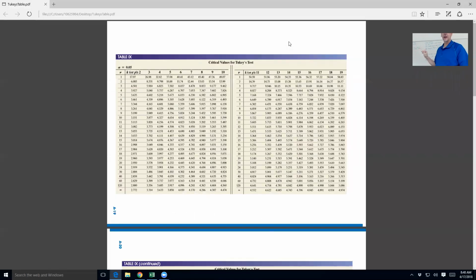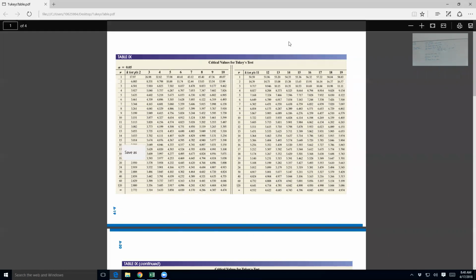Okay, so as I'm going here, I'm looking for my V. My V is this column here, so I'm looking for 16. And my K is 4, so 16 and 4 gives me that value of 4.046. Do you see that?